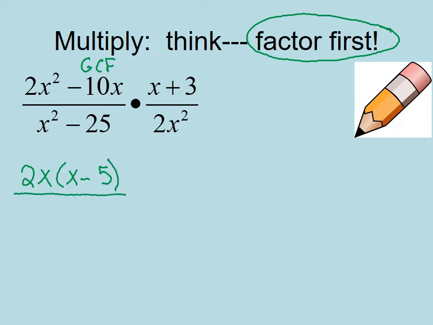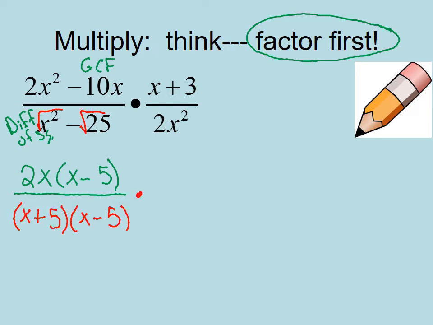Now on the bottom here, I'm going to do difference of squares. Remember, that's the one where I'm going to have two sets of parentheses, x plus, x minus, and remember, because we're taking the square root of both, we're going to get 5.